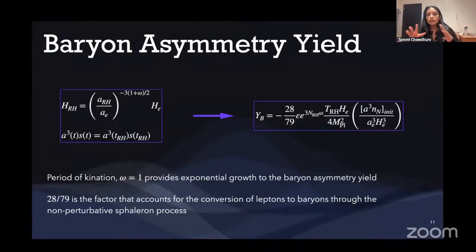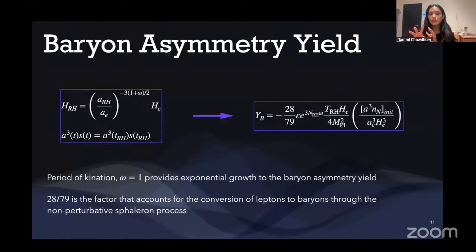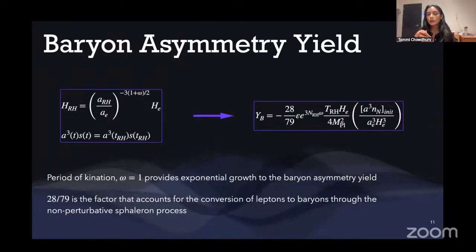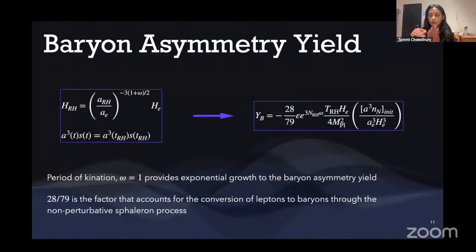And as I had mentioned, we derive in the paper the baryon yield, so YB. This is the number density divided by the entropy. If you start with the evolution, here we have an expression for the Hubble rate at reheating time. The subscript RH is for reheating, and subscript E is for the end of inflation.